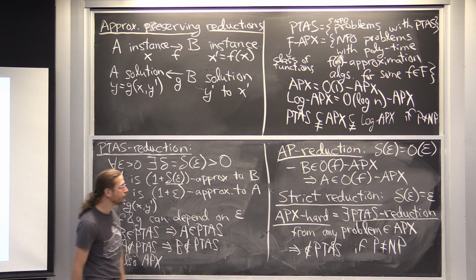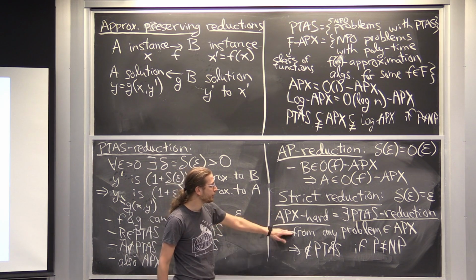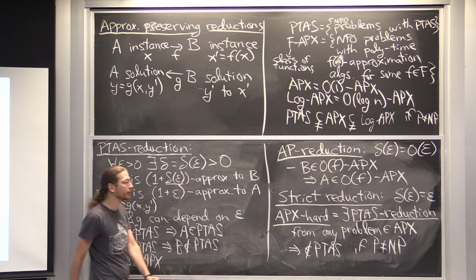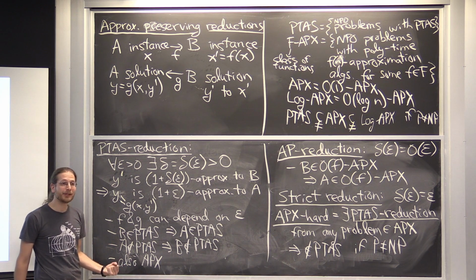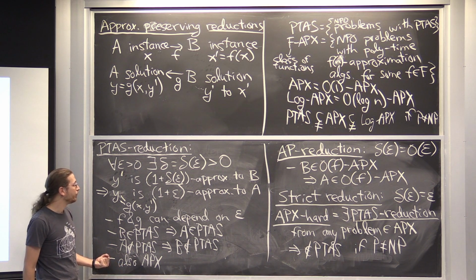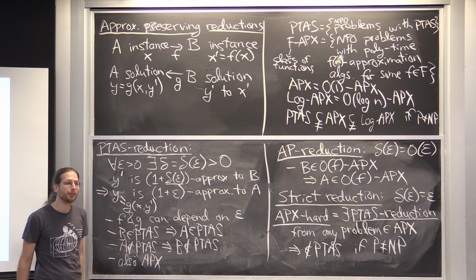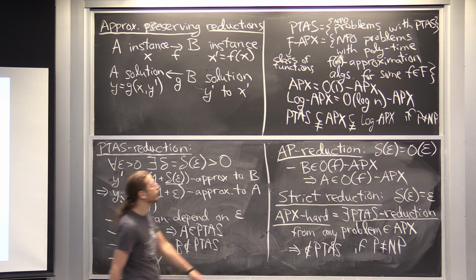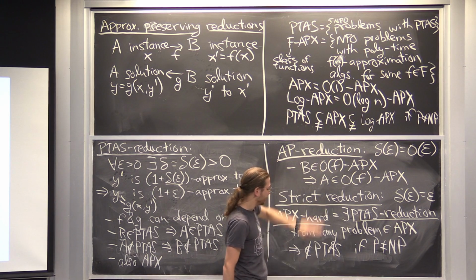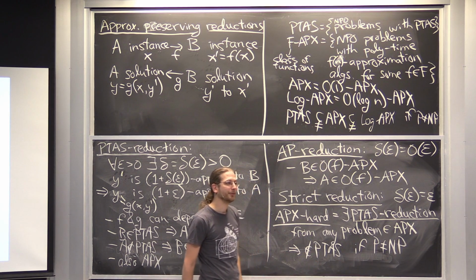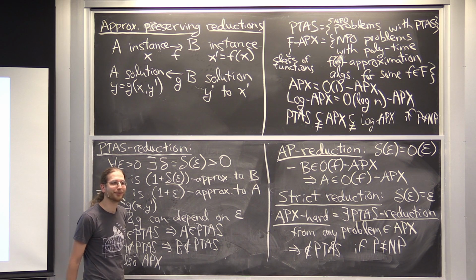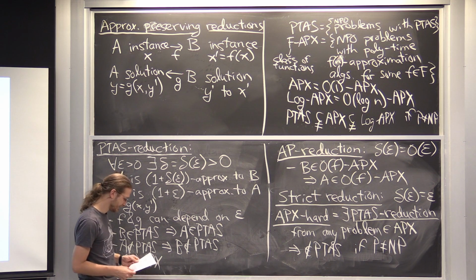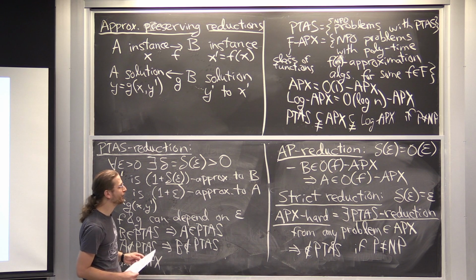And what we're saying is that APX-hard means you can reduce from any problem in APX to your problem. So if your problem had a PTAS, that would mean all APX problems have PTASs, but we know that's not the case. Therefore, your problem does not have a PTAS. Okay, so just like NP completeness, just with different letters. Cool, and different reductions.